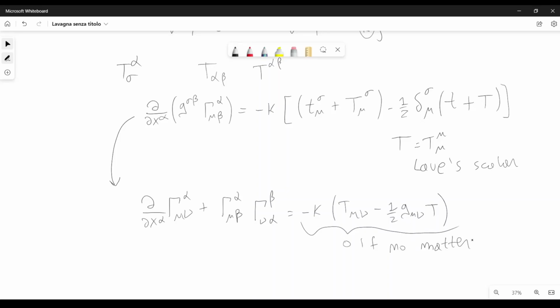So we get back the field equations in vacuum written in one of the forms that we have previously encountered. Because remember that in vacuum, this term here is indeed equal to 0.